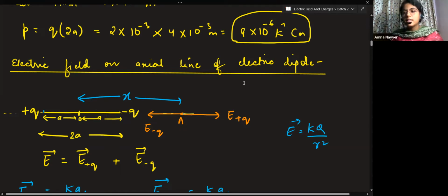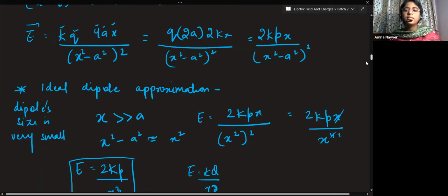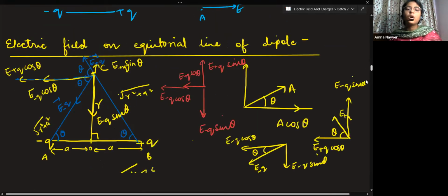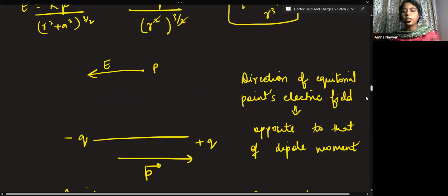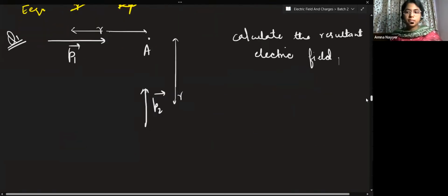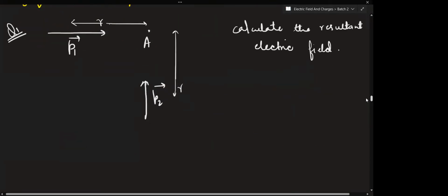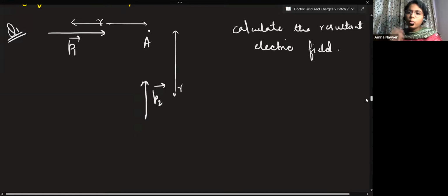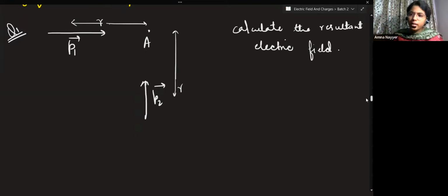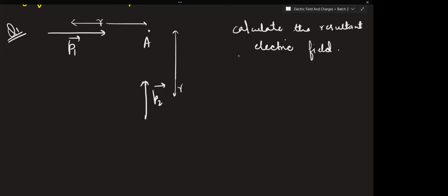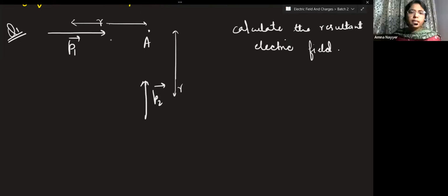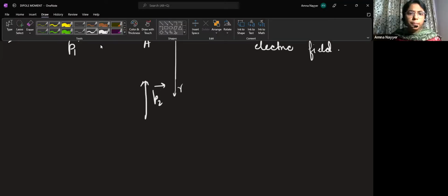So whatever in the answers that we are getting, R cube, or when we wrote about axial, we wrote X. So that is your center separation to that point. 2A is the dipole's length. So you don't need dipole's length right now. When do you require dipole's length? When you have charge and dipole's length, so you calculate the dipole moment. Dipole moment is provided to you. P1 and P2 are there. You just have to take out whatever is the resultant electric field. Okay. Thanks. So I think let us all discuss it together only.